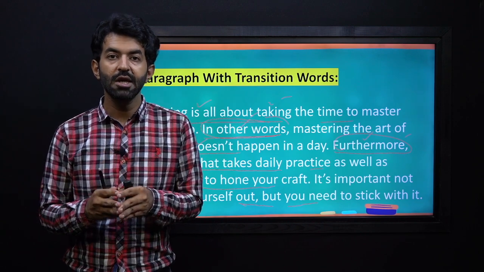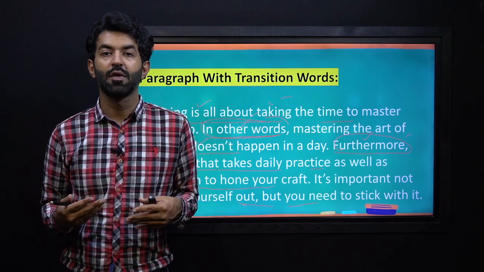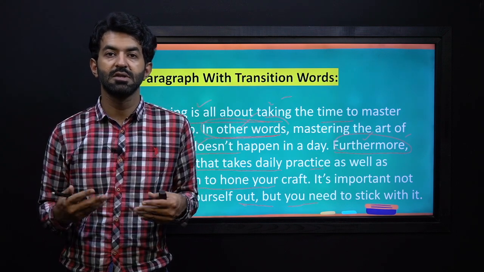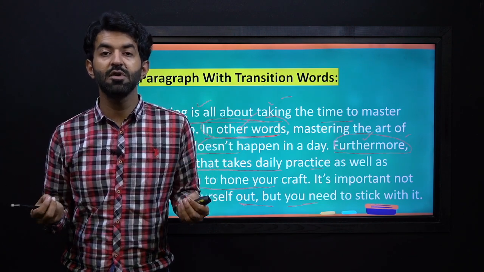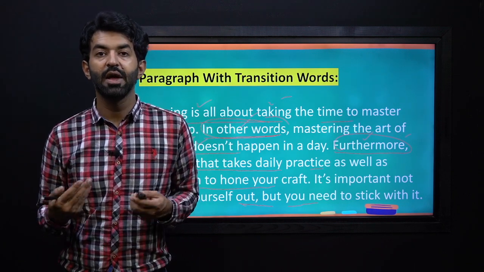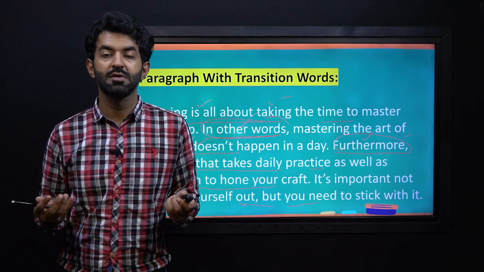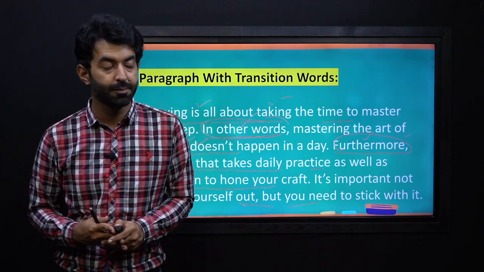So additionally, furthermore, in comparison, on the other hand, on the contrary, likewise, similarly, all these are transitional devices. Even your words like however, wherever, therefore, thus, all these are connecting different things in a paragraph.